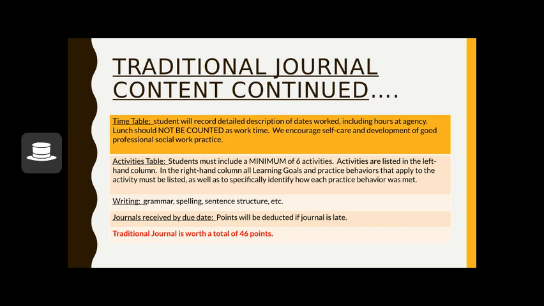Then there is an activities table on this traditional journal. The activities, they must include at least 6 activities. It's like about a 3-week reporting period. So I'm sure that students have at least done 6 activities in a 3-week period.